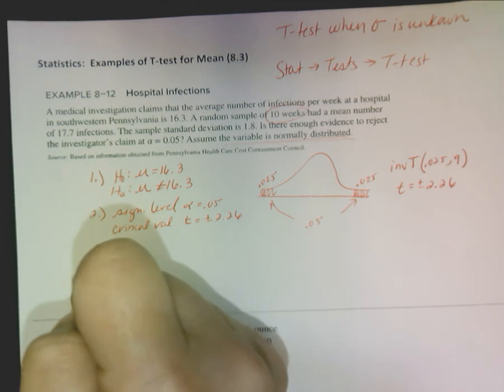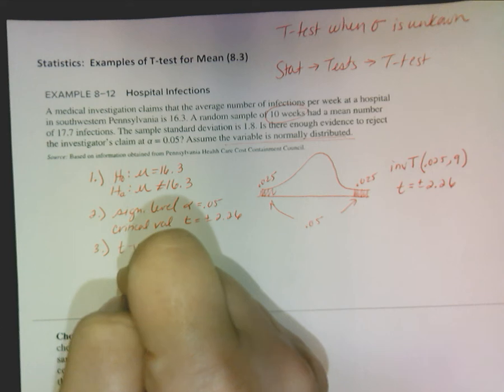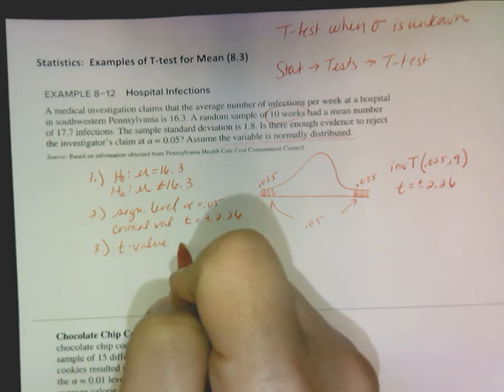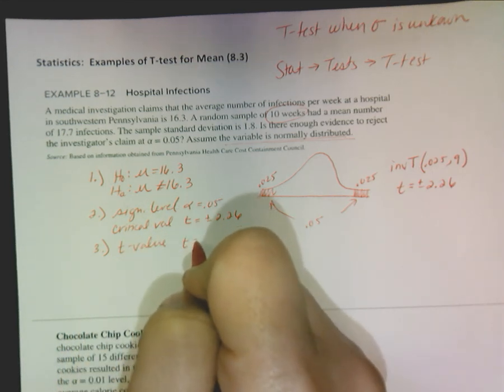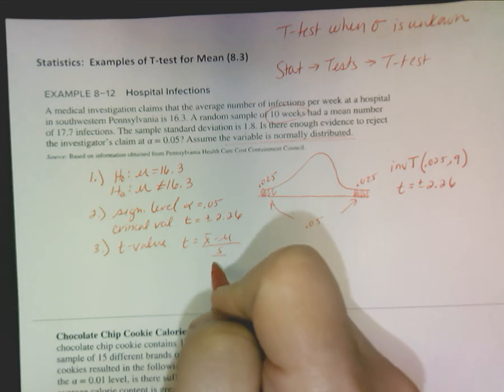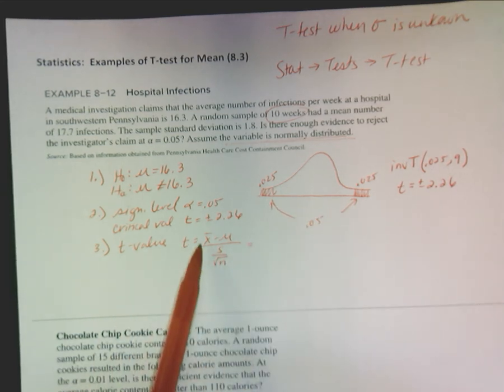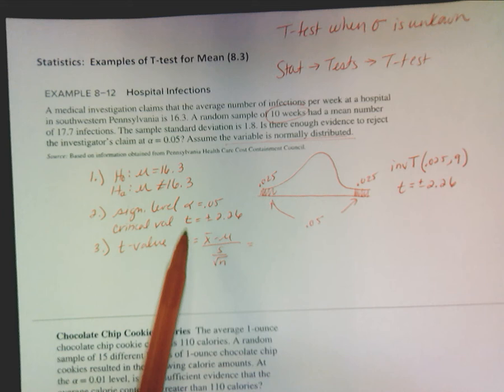Step number 3. Now you're going to calculate your own t-value from your sample. We're going to use t equals x bar minus mu over the sample standard deviation divided by the square root of n. So let's look. What is the average in our sample?